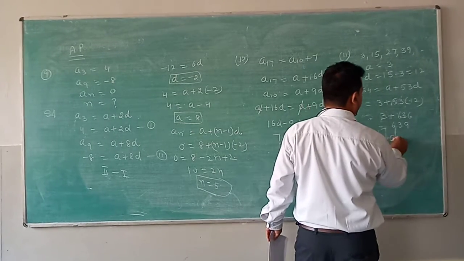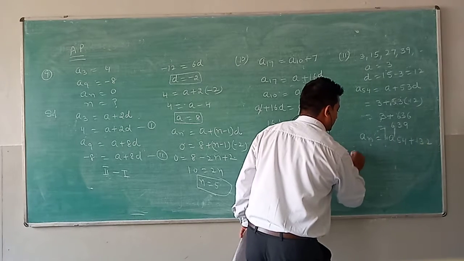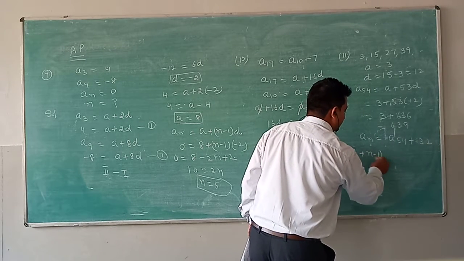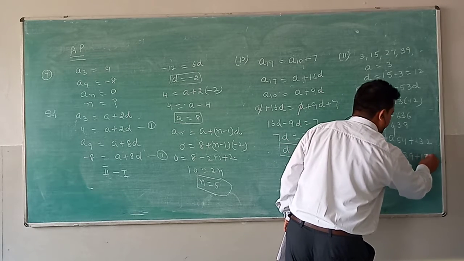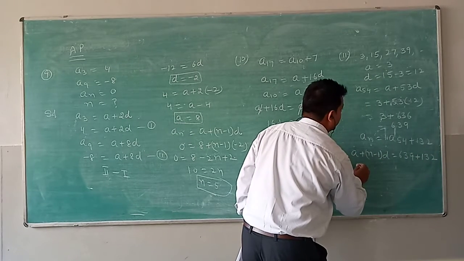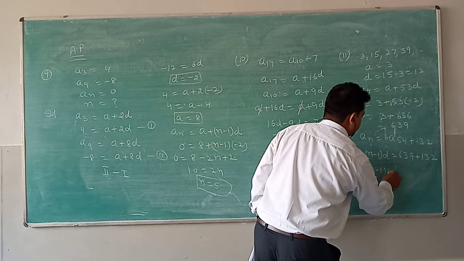We are required to find a term which is 132 more than this. This means an is a54 plus 132, which is 771. As we know, an is a plus n minus 1 into d. So the value of a is 3, n minus 1, and d is 12.